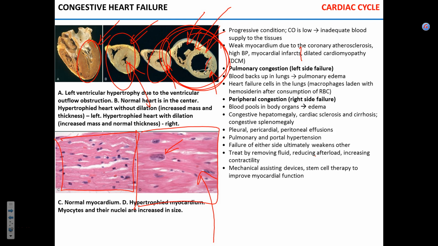So it doesn't move the adequate amount of blood to the tissues, and blood starts to back up in pulmonary circuit. Before we move on, do you understand that idea? That if left side, systemic side fails, blood will back up in the pulmonary side. So backup of the blood leads to the pulmonary hypertension and pulmonary edema.